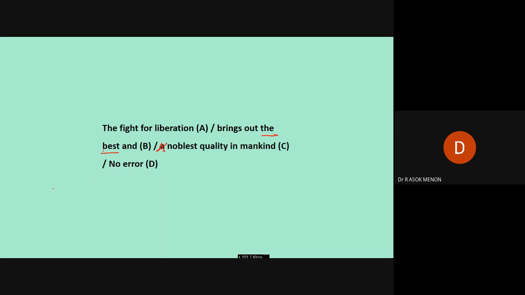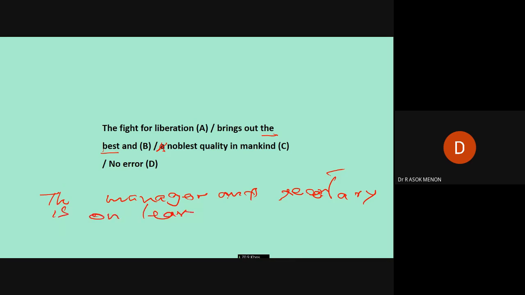I shall cite another example here. See the sentence: The manager and secretary is on leave.